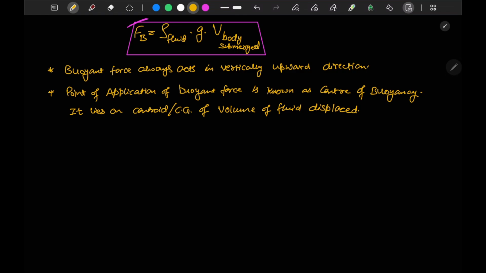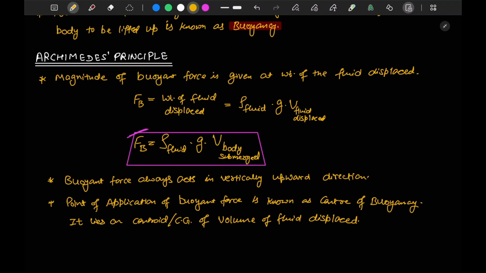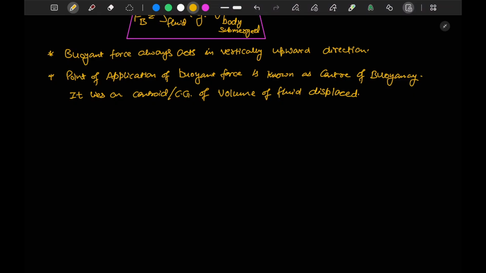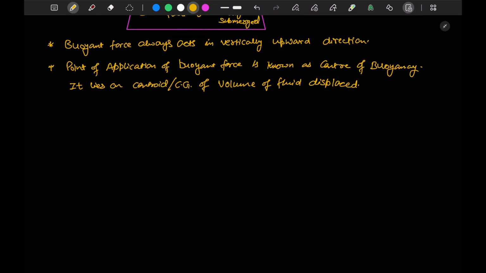Now this volume of fluid displaced or volume of the body submerged can be for both cases. So I hope you get this point. This is your Archimedes principle.